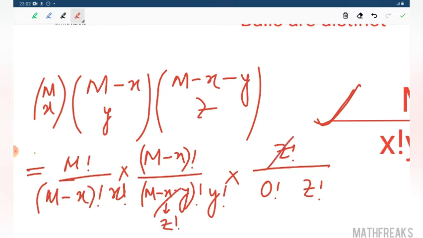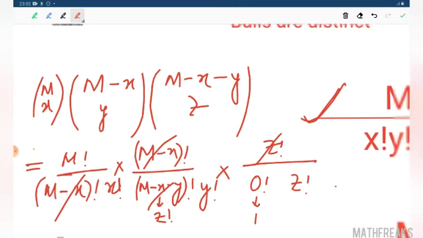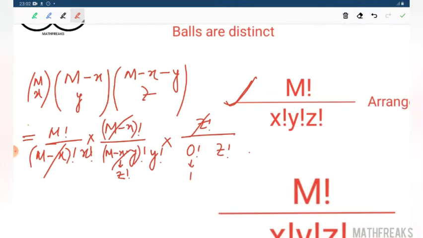So this and this cancel. Zero factorial is equal to 1. M minus X factorial also cancels out. We are left with M factorial over X factorial, Y factorial, Z factorial, which is the formula.